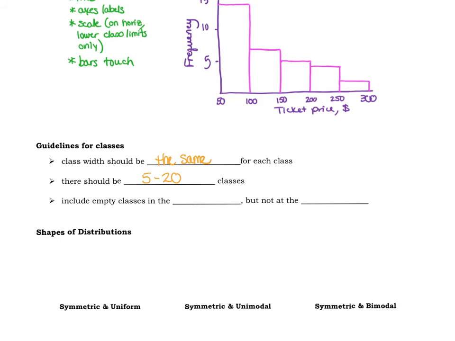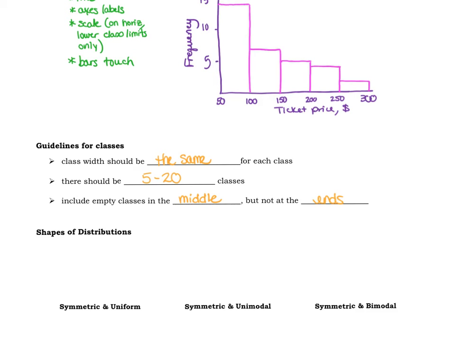And then you do include empty classes if they are in the middle. Okay, but not at the ends. So if you're going to have a class that has no values in it, it's fine if it's in the middle, but don't put it on an end. You just basically leave it off at that point. If it's going to be on an end, that would kind of be silly.